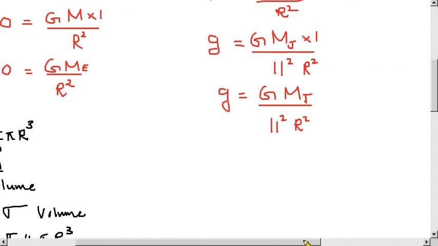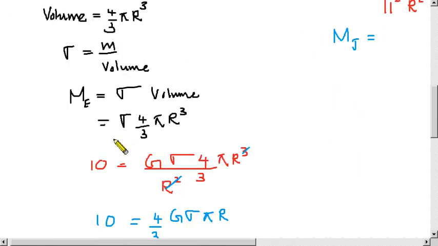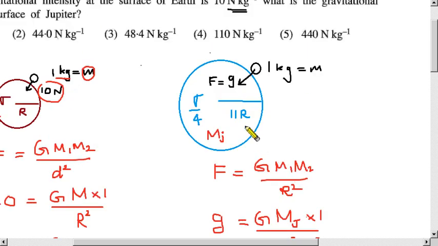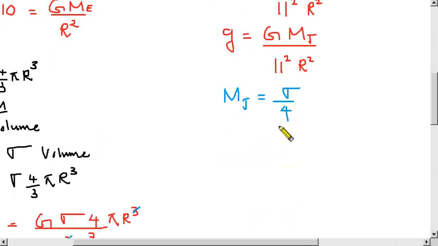Now let us go to this one. So here also we have to find m Jupiter. M Jupiter equals the same way, sigma times volume, but sigma here is sigma divided by 4. They have given that sigma is very much lesser. Sigma is sigma divided by 4, 1/4 of sigma, then sigma divided by 4 times volume.